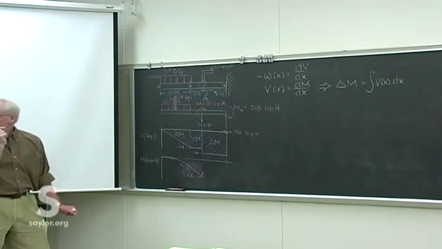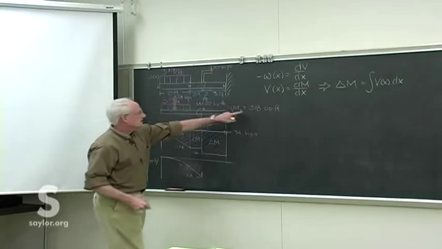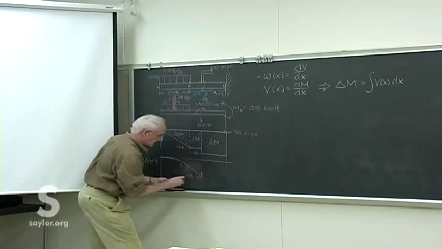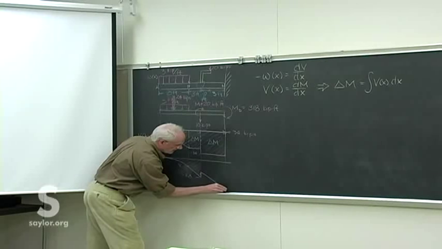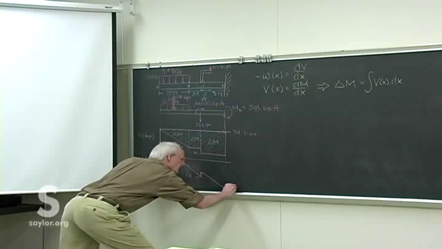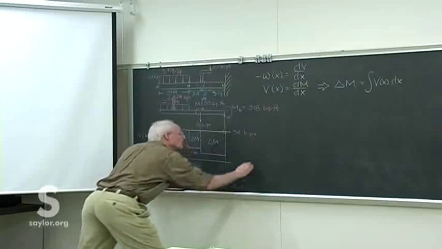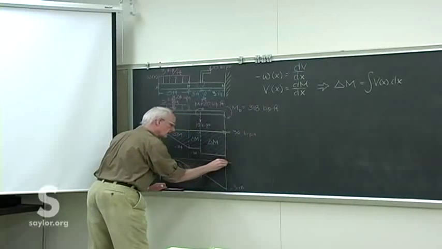So 170 plus 148 is 318, and that's where we expect to finish, because we have this applied moment due to the reaction support there. So it takes it down to minus 318, which is just what we'd expect to get back up to the end of the beam.